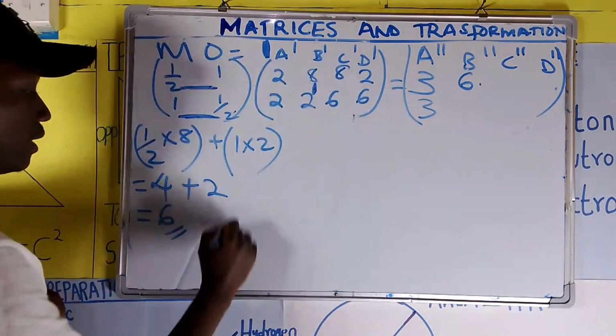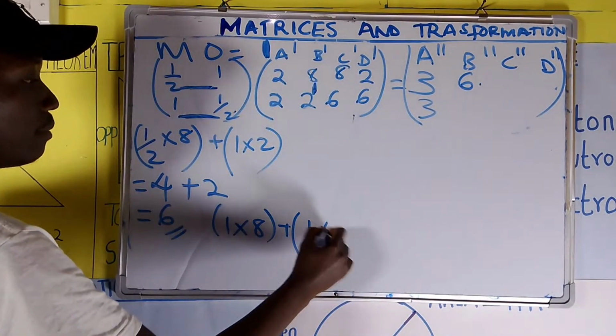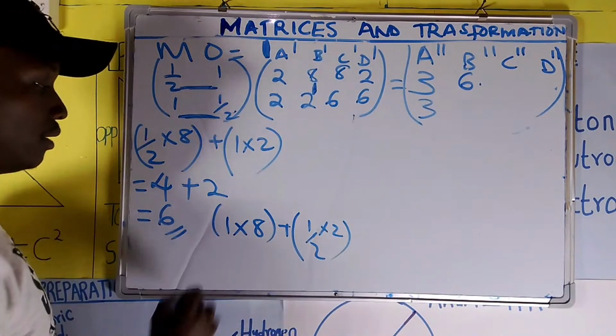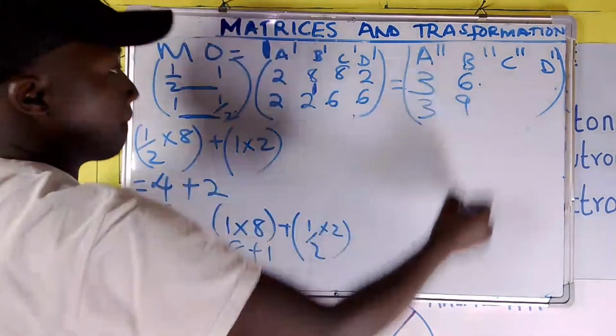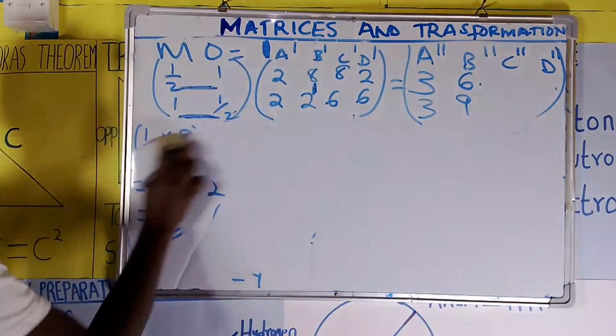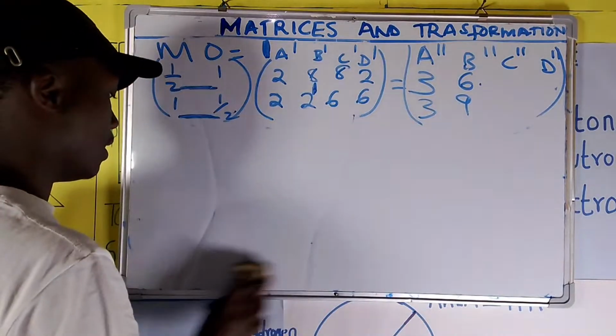So 1 times 8 is 8 plus a half times 2. So 8 plus 1 itakuwa 9.